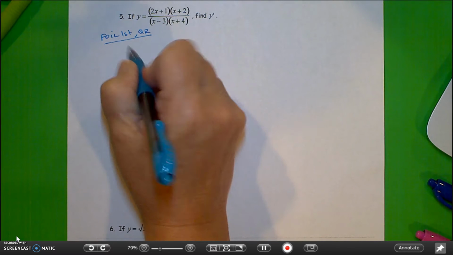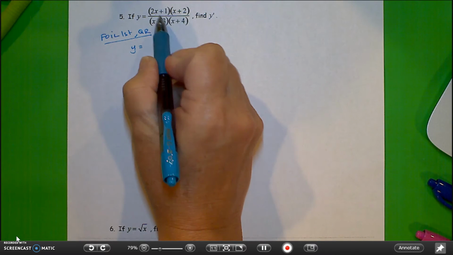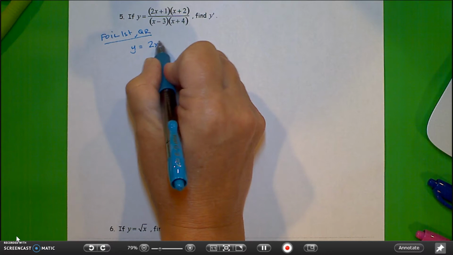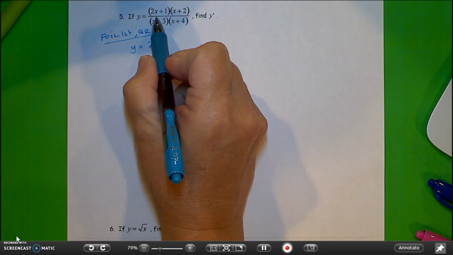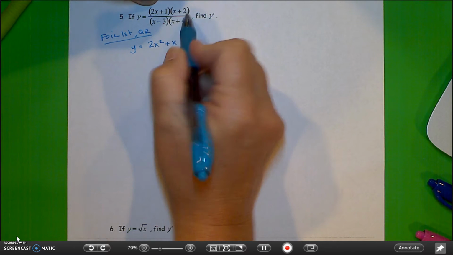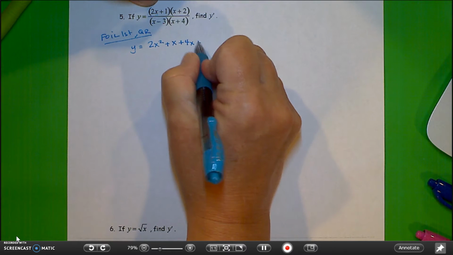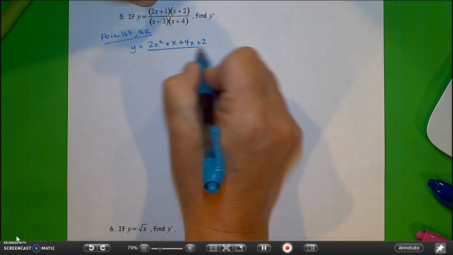Okay, so if I FOIL first, let's just write this out. If I FOIL the numerator, what do I get? 2x squared plus 1x, or just x, outside plus 4x, last plus 2. Here's the numerator.